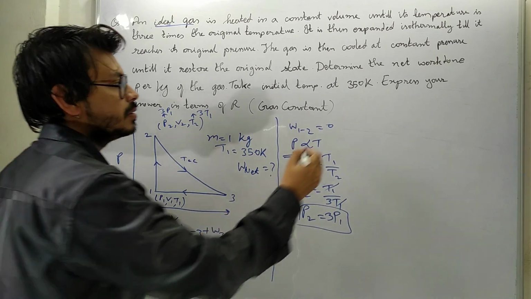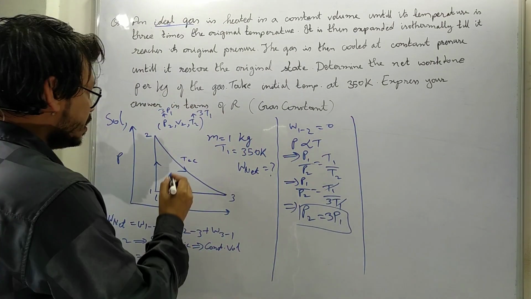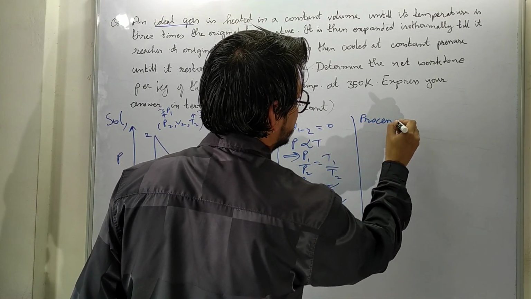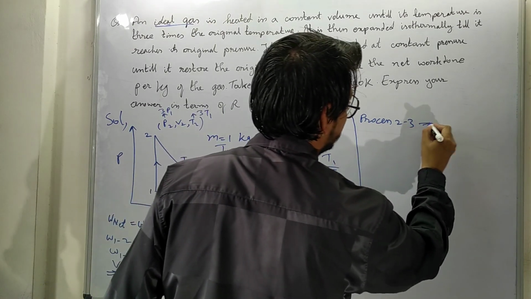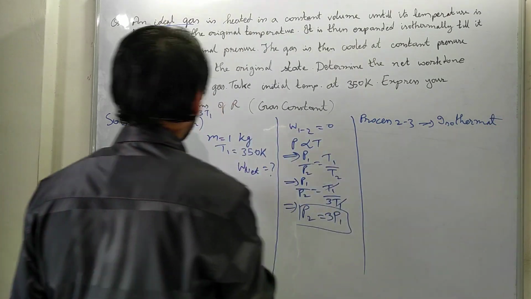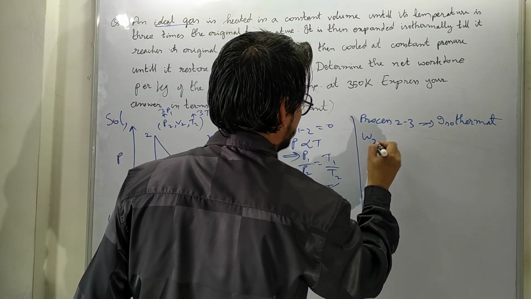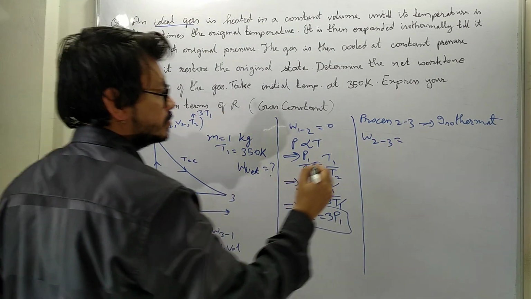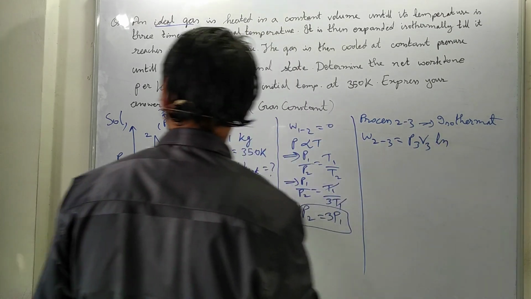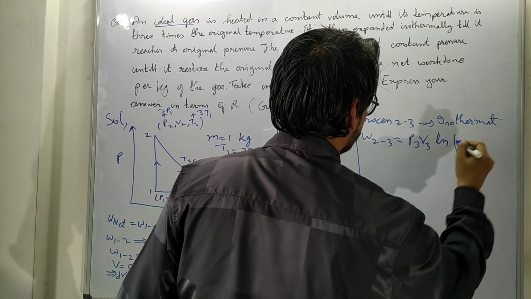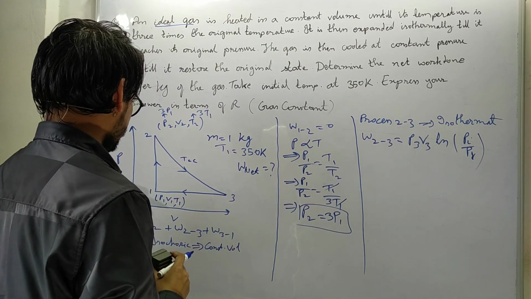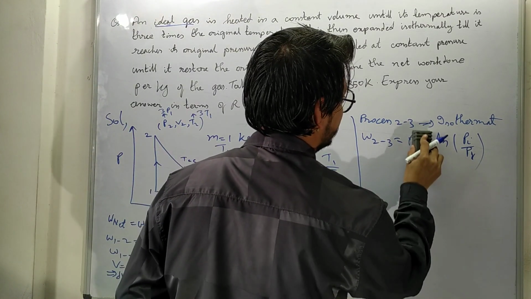Now work done by the process 2 to 3. Process 2 to 3 is an isothermal process, that is, temperature constant. So we have the formula for work done. Work done 2 to 3 is P3 V3 ln of P initial by P final, or we can write it as mRT.